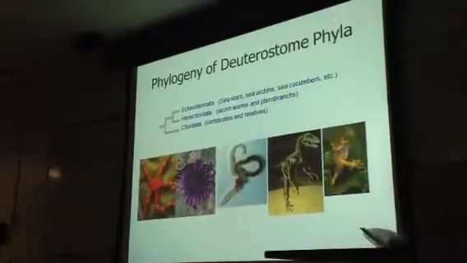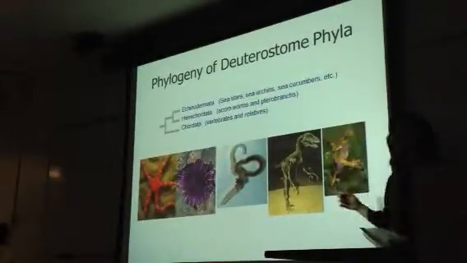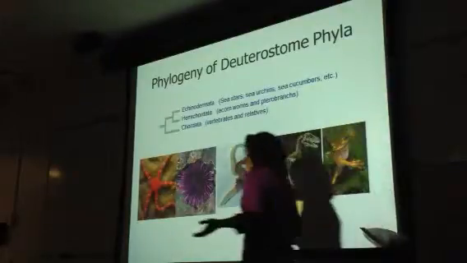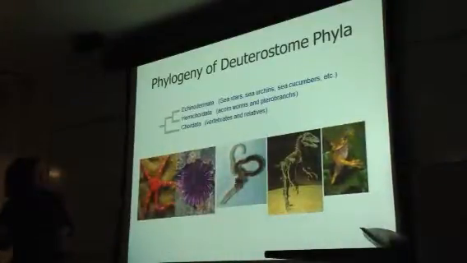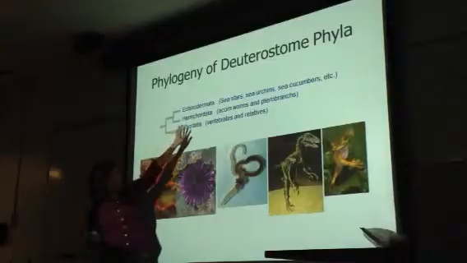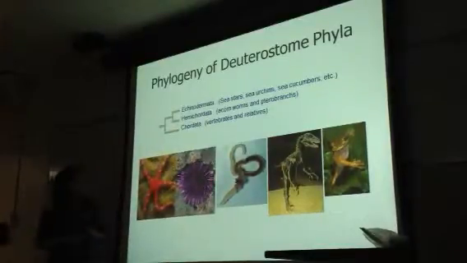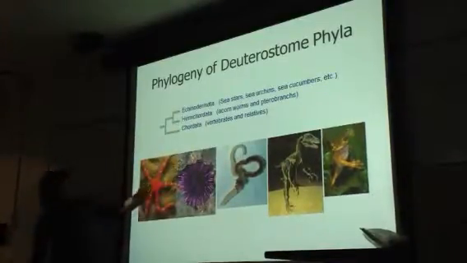Okay. So moving on to our model, our representative of a deuterostome phylum is of course the Echinodermata. You've seen that in lab already, and here are some representatives.